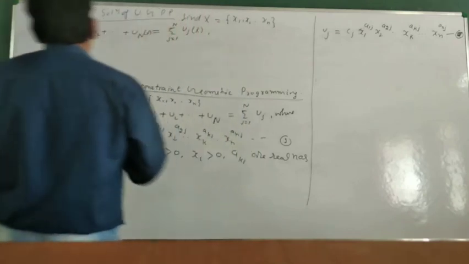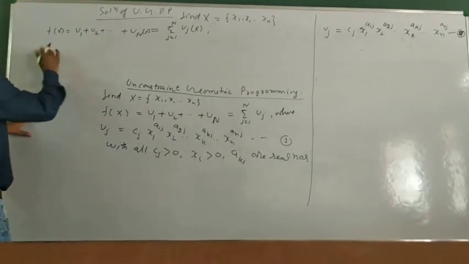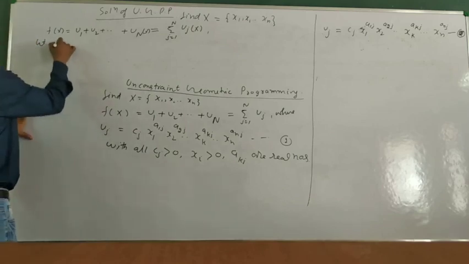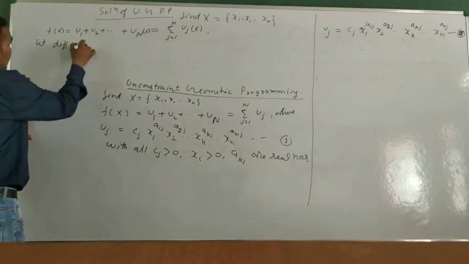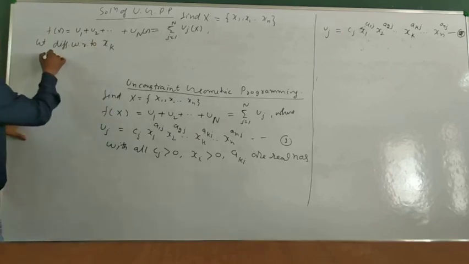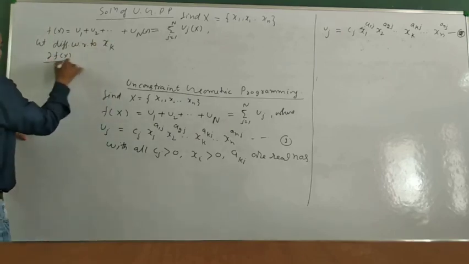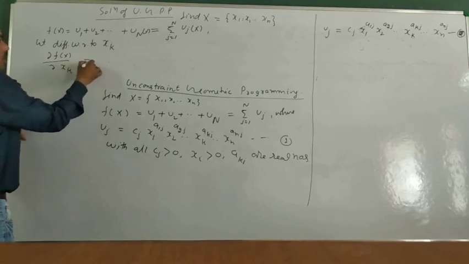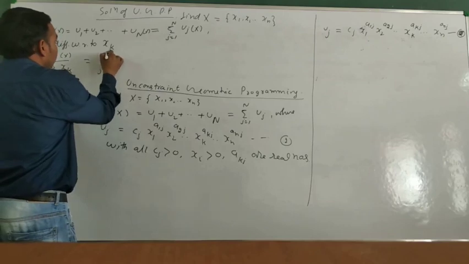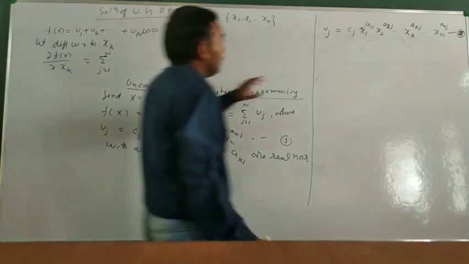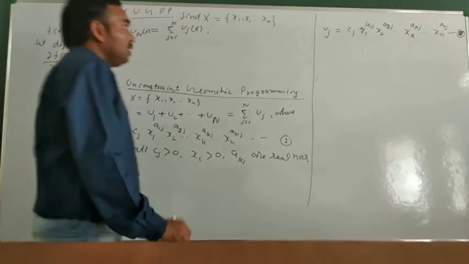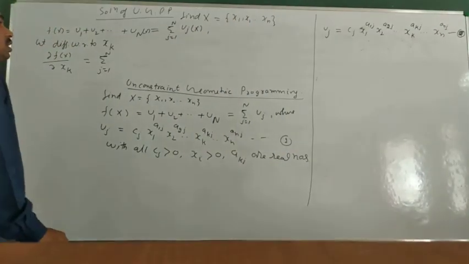So let the given objective function be differentiated with respect to xk. Now del f upon del xk is equal to the sum over j equal to 1 to n, and here only the variable xk to the power akj is affected.